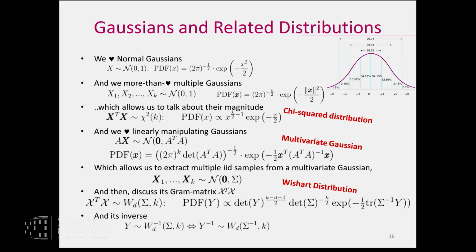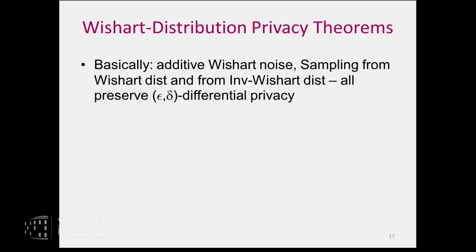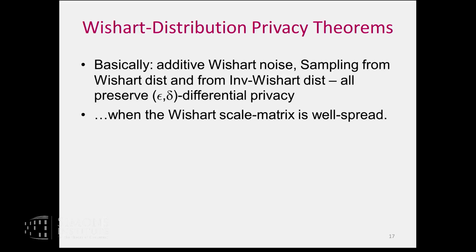Okay, now armed with all of these definitions, I can give you the privacy theorems: that using additive Wishart noise or sampling from the Wishart distribution or from the inverse Wishart distribution, all of those preserve epsilon-delta differential privacy, given that the matrix that I'm using has large enough scale. So what I'm talking about basically is more about the sampling.